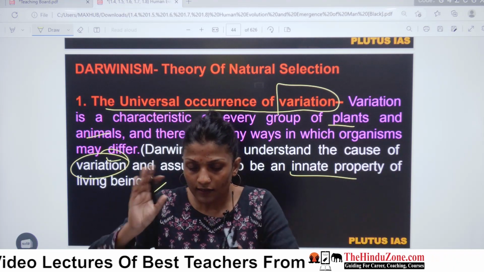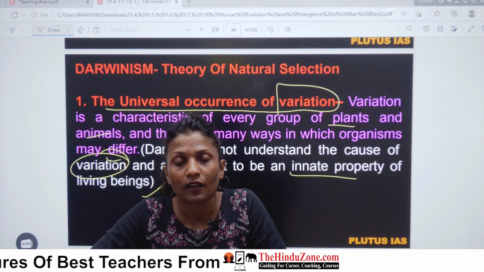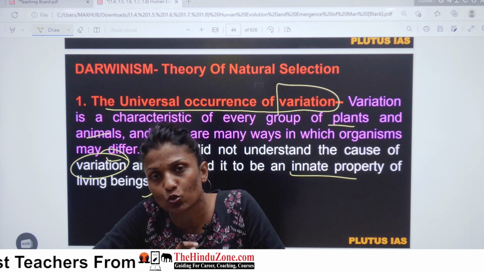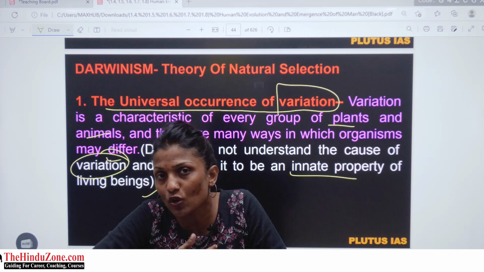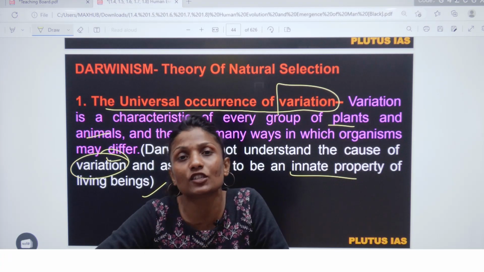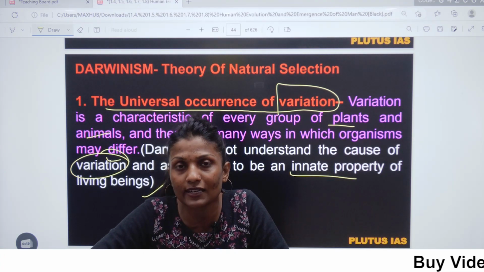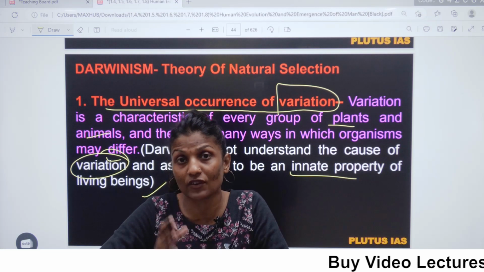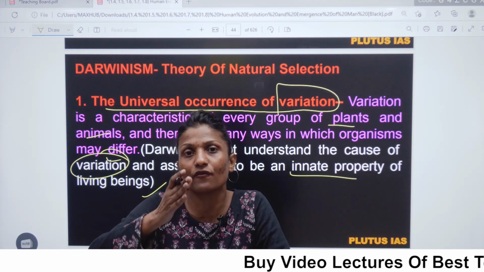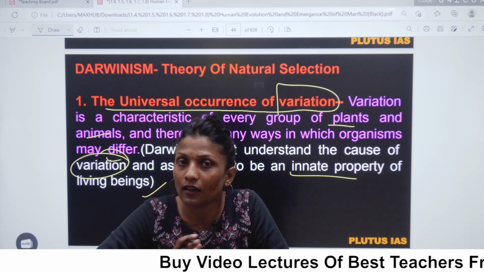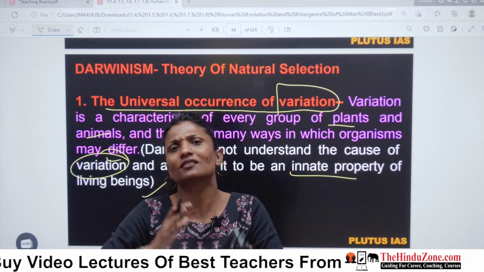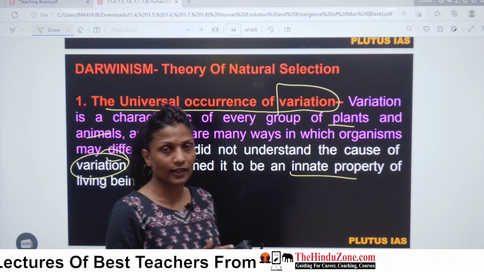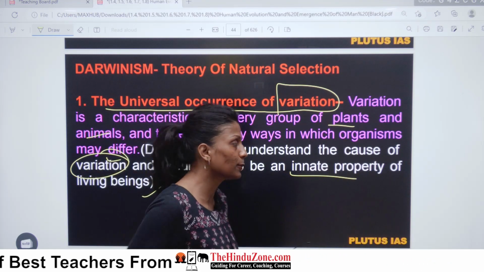He explained that variation is a natural quality of all living organisms. He did not give a scientific explanation for why we have different types of humans, different races, or variation in plants and animals. But he said that this is an innate quality which is just there with all living organisms. So this is his first principle.